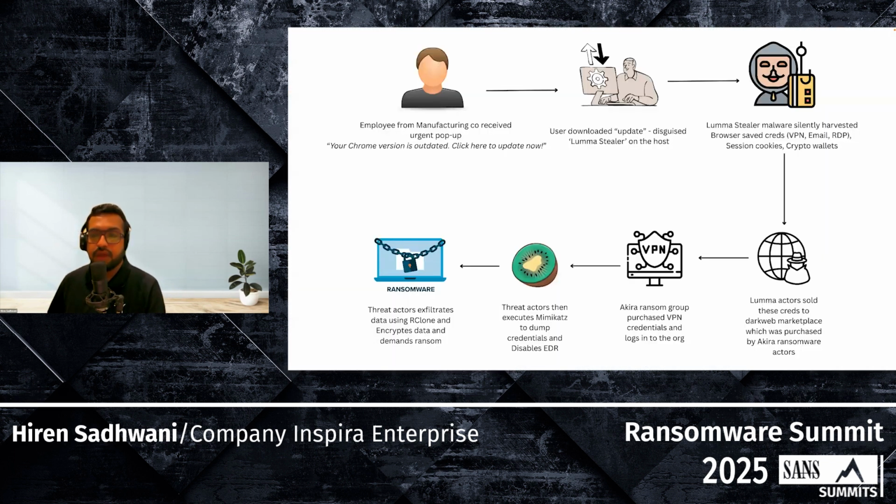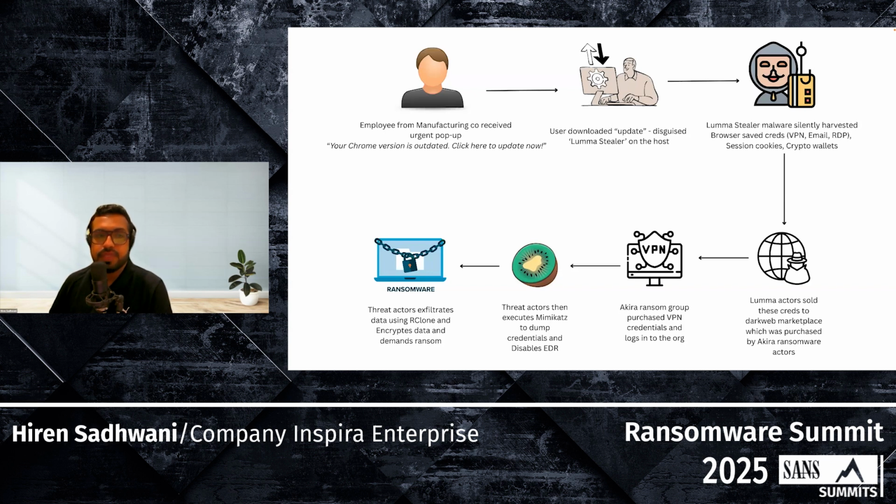Before going to the agenda and discussing initial access malware, I want to start with a story, basically a scenario, a recent example maybe. Think about a user from a mid-sized manufacturing company who is busy browsing the internet.